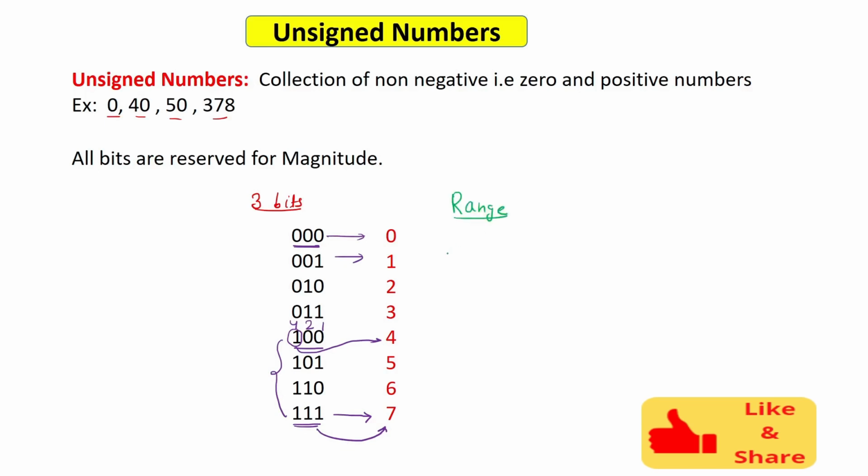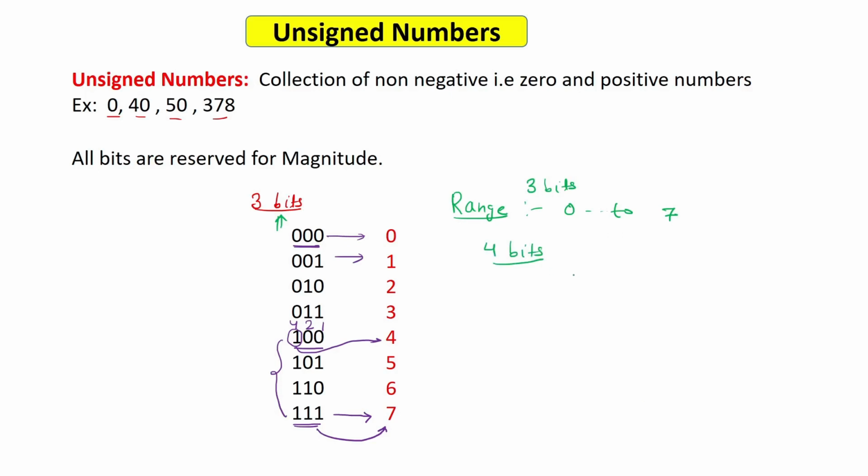If we talk about the range, that is how many different numbers can be represented by 3 bits, the numbers from 0 to 7 can be represented by 3 bits. Now if we are having 4 bits, then how many different numbers can be found? Numbers from 0 to 15 can be found. So these are total 16 numbers, right? These were 8 numbers from 0 to 7. So let's say if we are having n bits, then how many different numbers can be found?